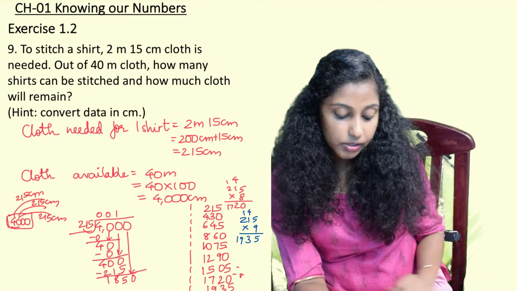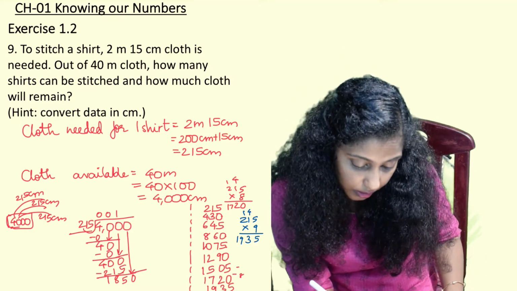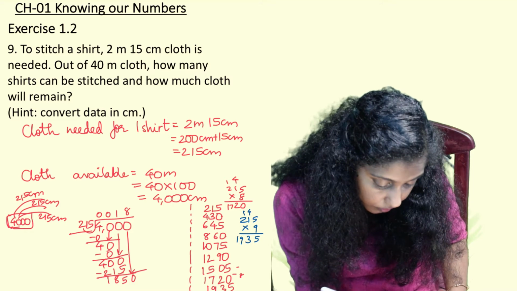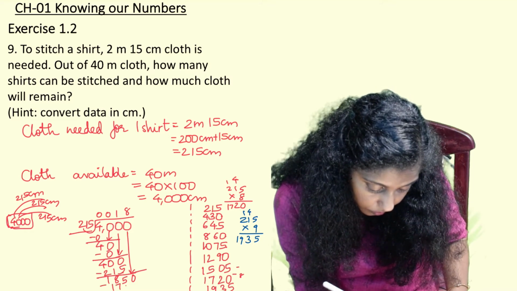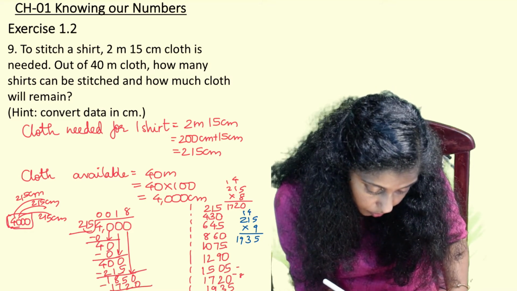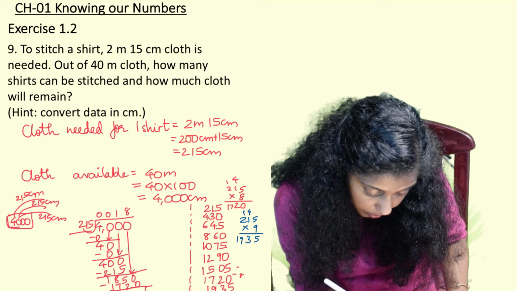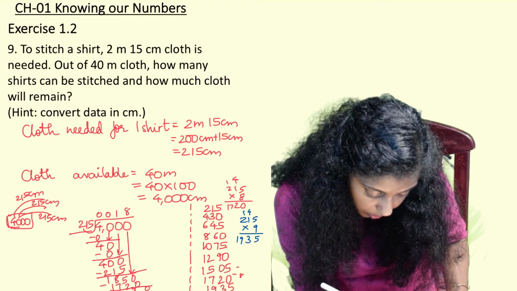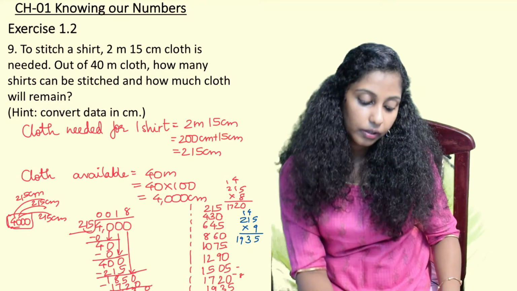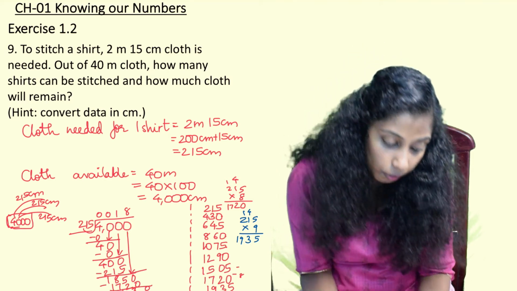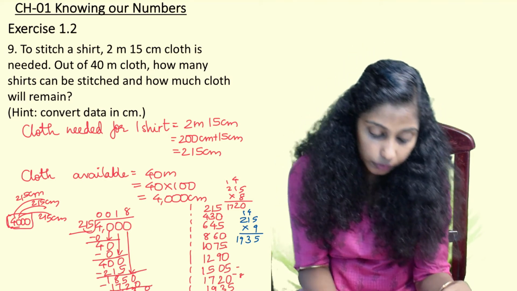So smaller is 1720, that is 8 times. Here when we subtract we get 0, 3, 1. 130 will be remaining. So how many shirts can be stitched and how much cloth will remain?